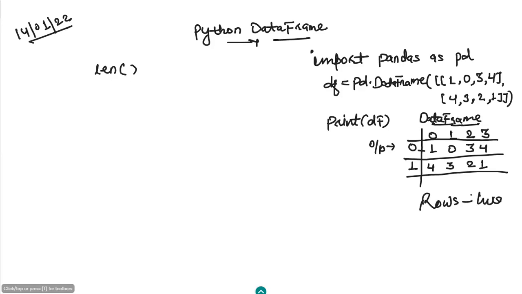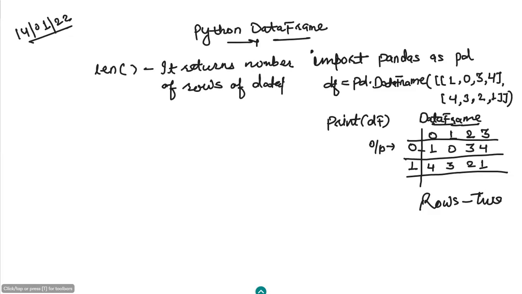Two rows are there, 0 and 1. So it will return the number of rows of the data frame. Is it clear? Yes.